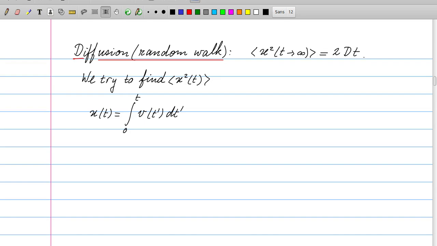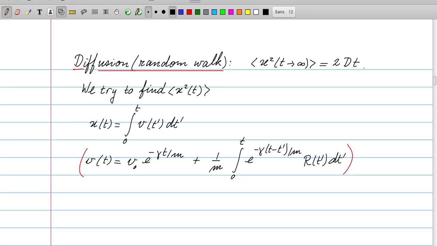So we try to find x squared as a function of t, but so far we have been dealing only with the velocity. There is a simple relation between x and the velocity, just the time integral over v. We can use the known solution for v from the Langevin equation to make some statements about x.